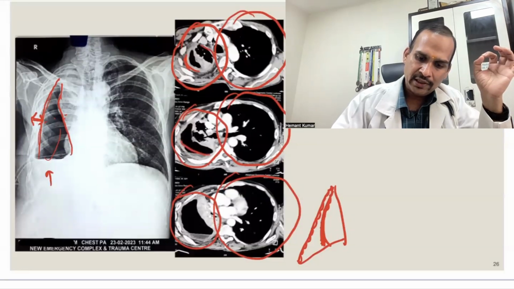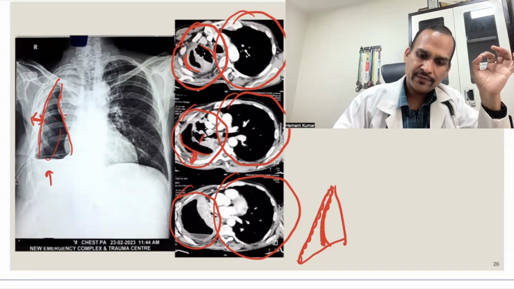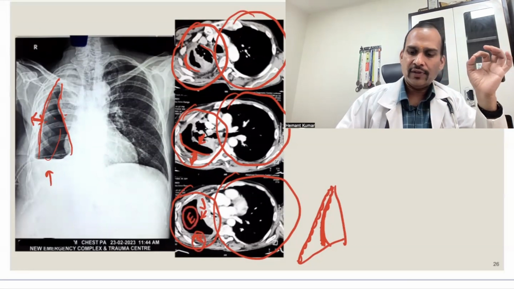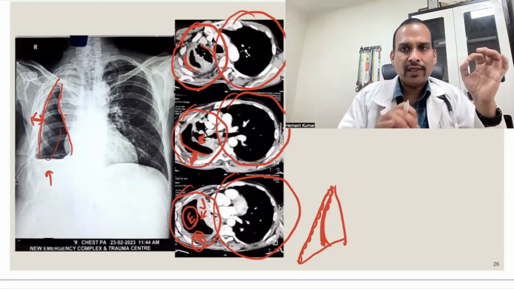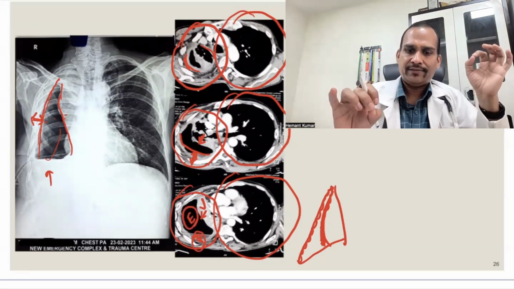This is parietal pleura thickening. Can you appreciate this is visceral pleura. And here it is empty space, because the pleural thickening will not allow the lung to expand.